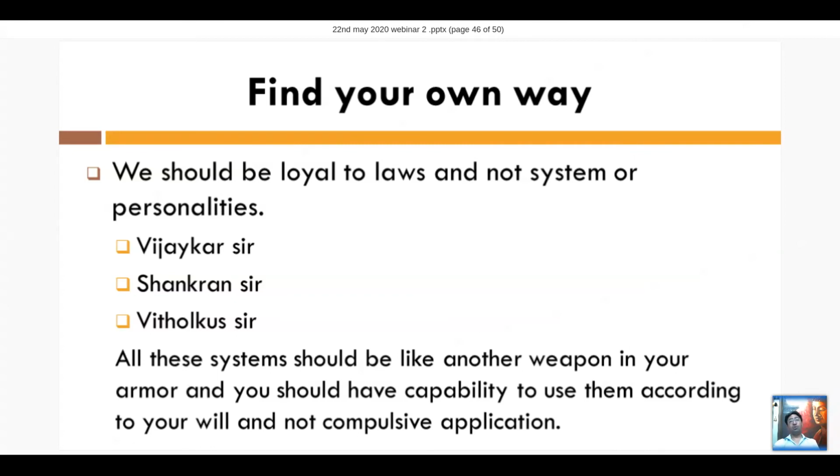So find your own way. We should be loyal to the laws and not to the symptoms and personalities. Vijayakar sir, Shankar sir, Vithalkar sir, all these symptoms should be like weapons in our armor, and we should use them, not out of compulsion and mental programming.